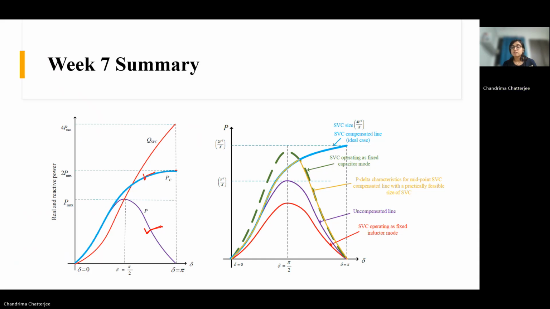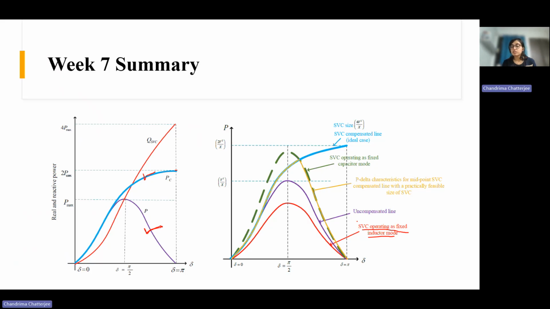And here we have some other curves. Again we have this curve for the uncompensated line. Then this red one here is even lower than the uncompensated line. So when do we get this curve? When the SVC is operating as a fixed inductor. We already know what fixed inductor mode and fixed capacitor mode are.